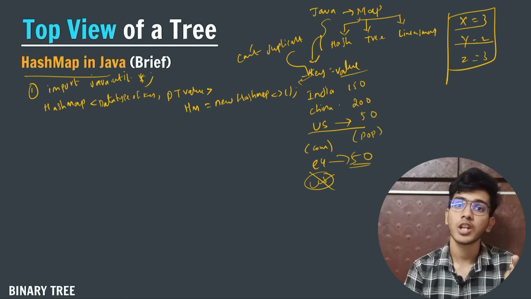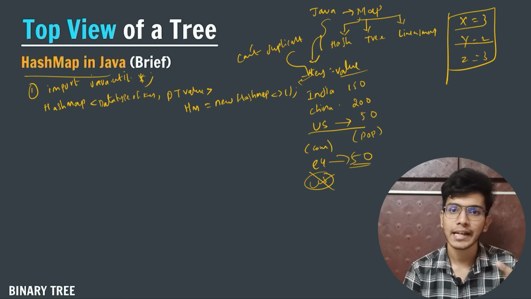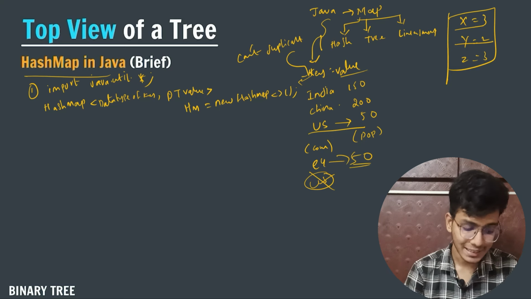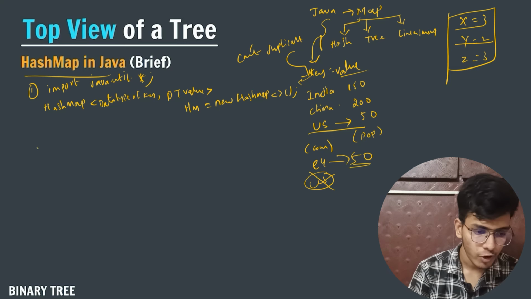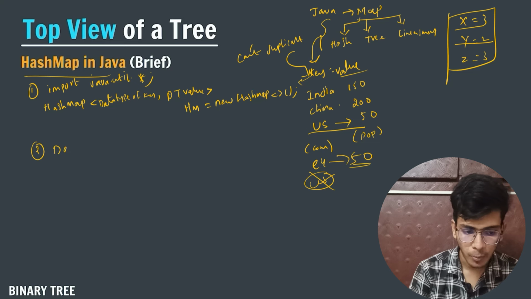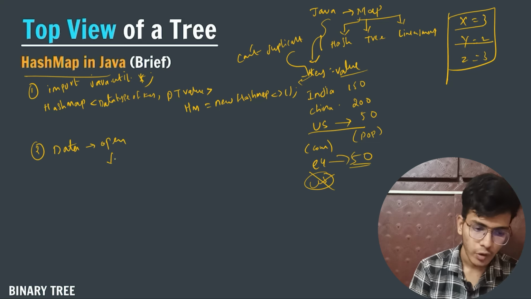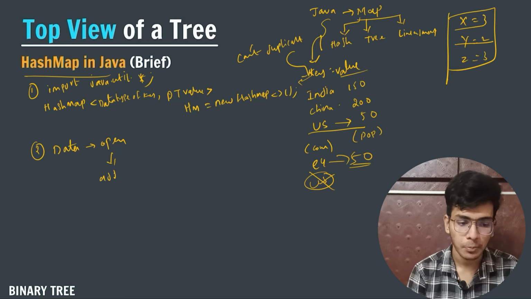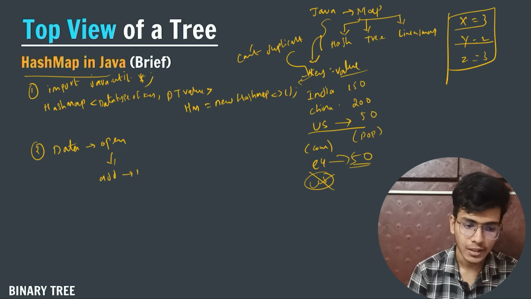Now let us talk about the operations, how we can add, get, and delete elements in my HashMap. To add elements in my HashMap, I will write the map name, here the name is HM, right?